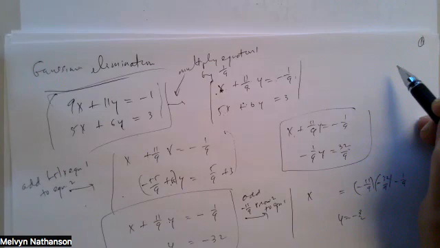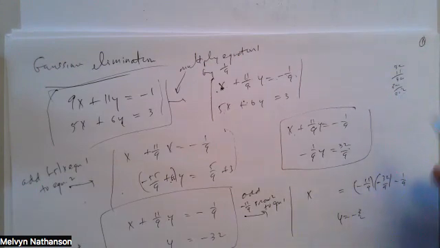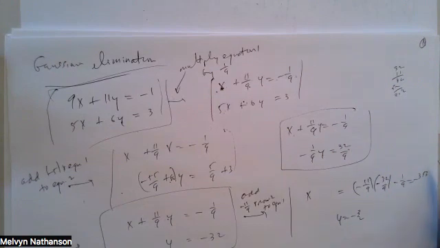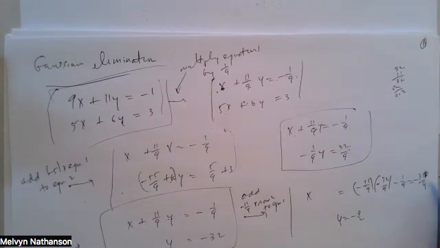Let's do some arithmetic. 32 times 11 is 352, minus 1, so 351 over 9. 9 goes into that 39 times.